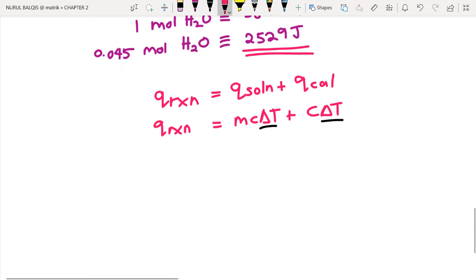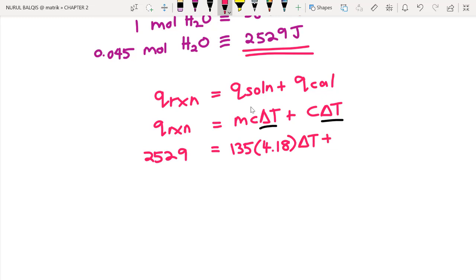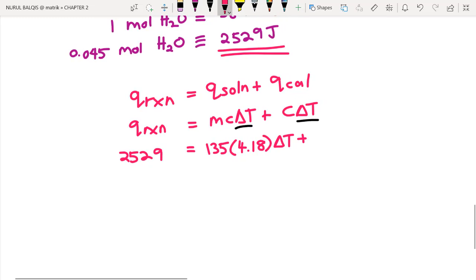So our Q reaction is 2529. Our mass is 85 gram plus 50 grams, so we get 135 gram. Our small c is 4.18, and then we have delta T. The same goes for our capital C, which has already been given, which is 325.